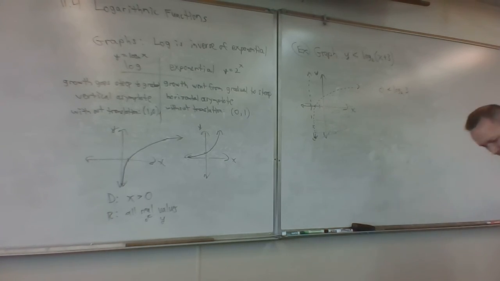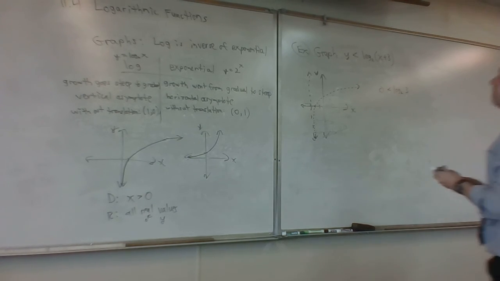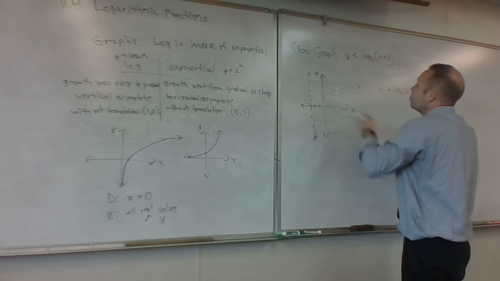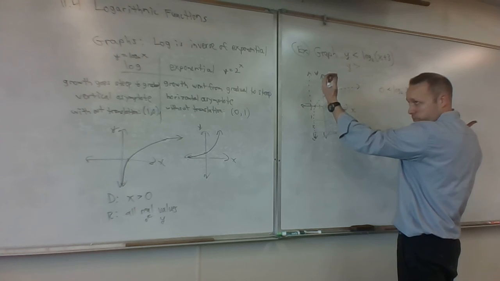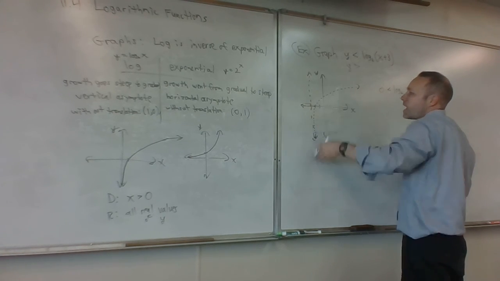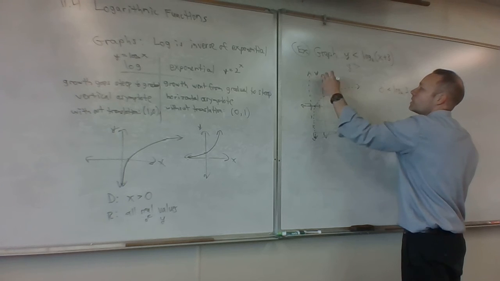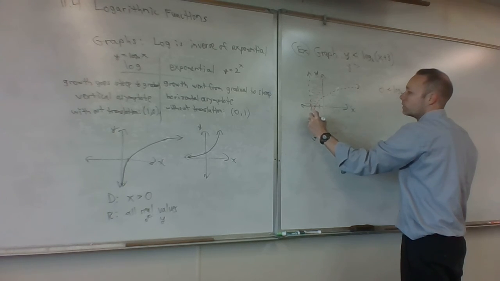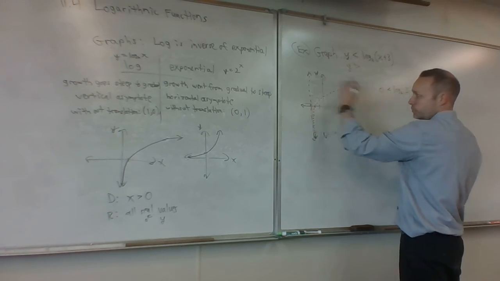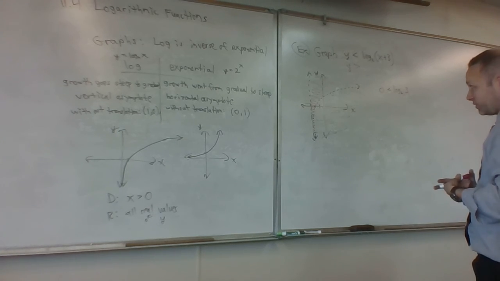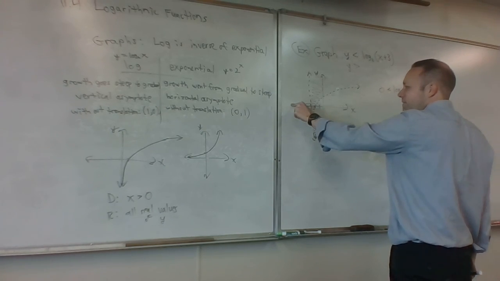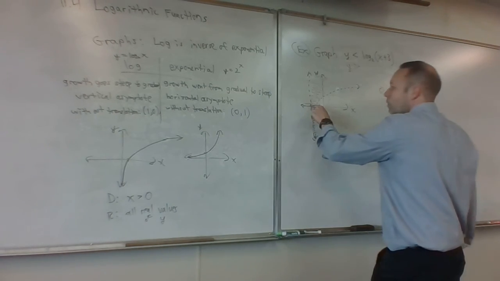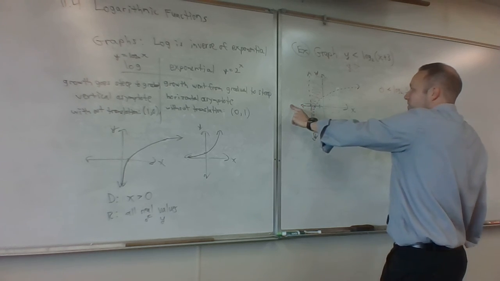Okay. As a side note, oops, there's the cap. There we go. As a side note, if we had y is greater than, you would think you'd shade everything on the opposite side, but we have this asymptote, and this asymptote does block what we're able to shade. And so you would shade up to the asymptote, but not go past the asymptote. Because what's happening there is it's saying we're not allowed to have an x value, because this domain, x is greater than 0, means we're not allowed to have an x value of like negative 5.